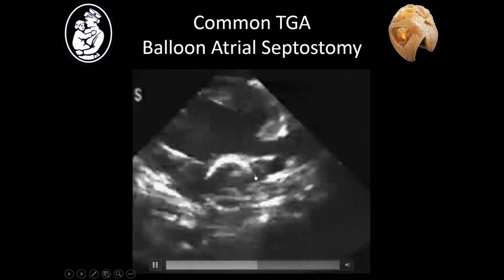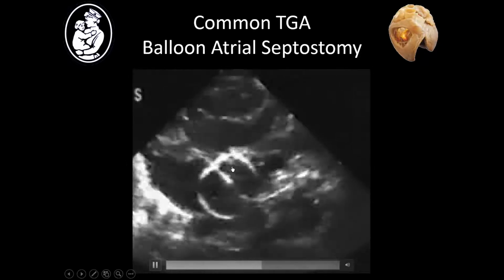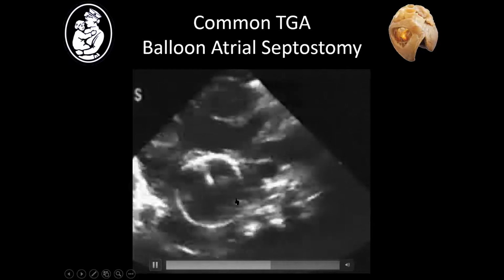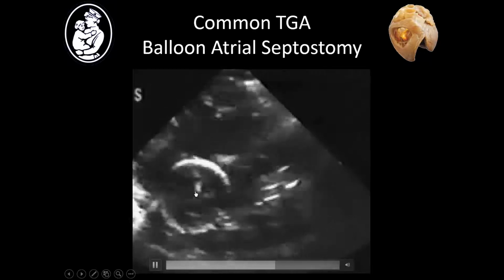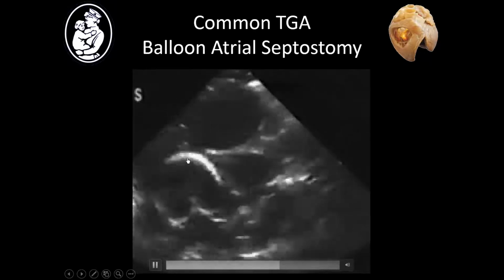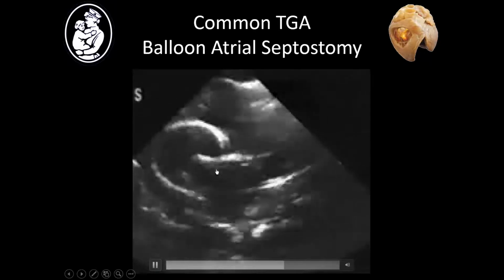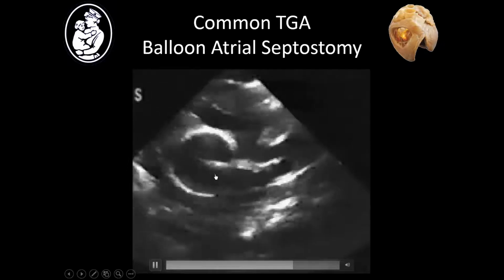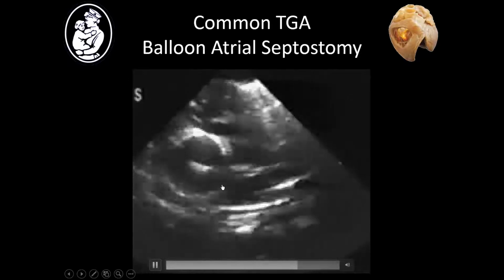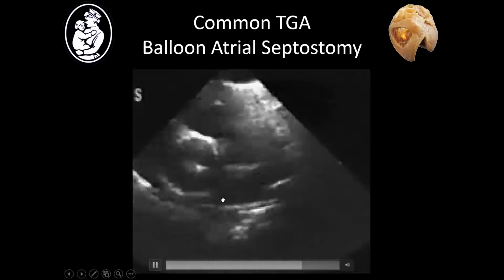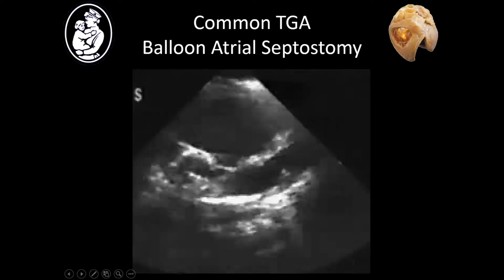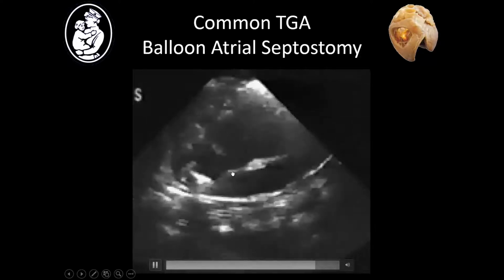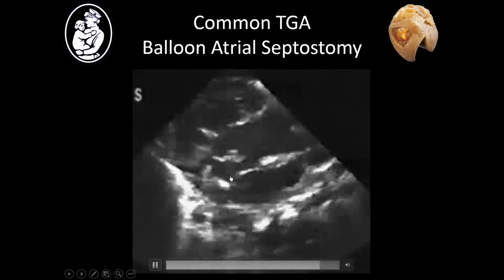As this increases in size, we'll pull it back against the atrial septum, and then once it's clearly free in the atrium and snugged up against the septum, we'll pull back sharply there into the right atrium, and that tears a larger hole in the interatrial septum and improves atrial level mixing, which is the most efficient way for mixing to occur. Here you can see there's torn edges of the primary atrial septum here and a much larger communication.